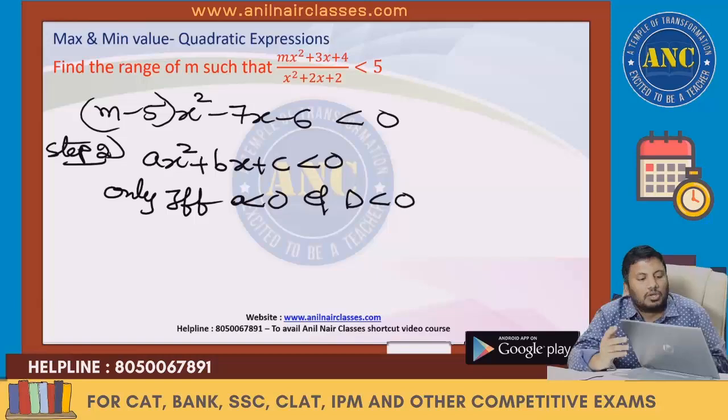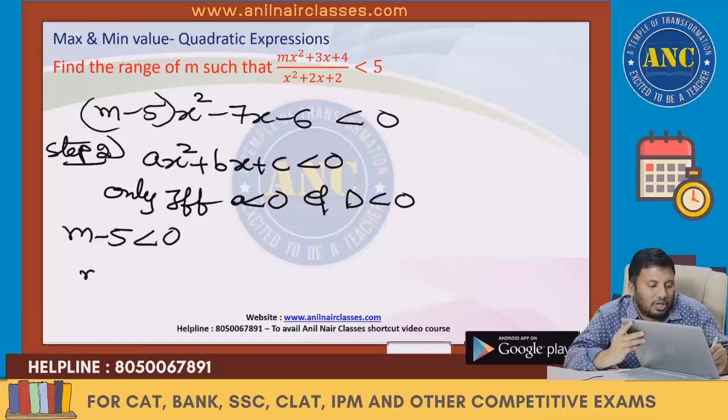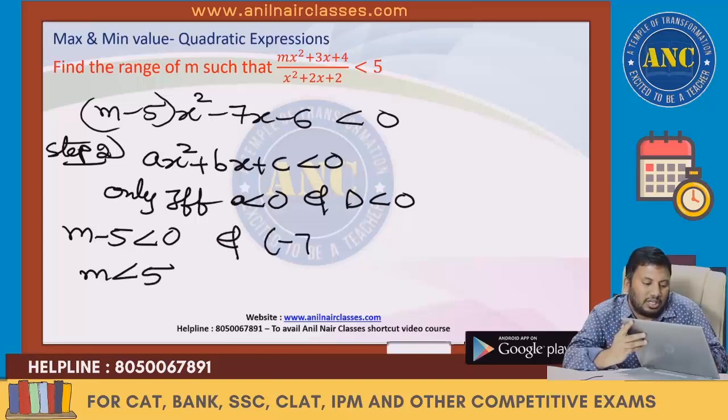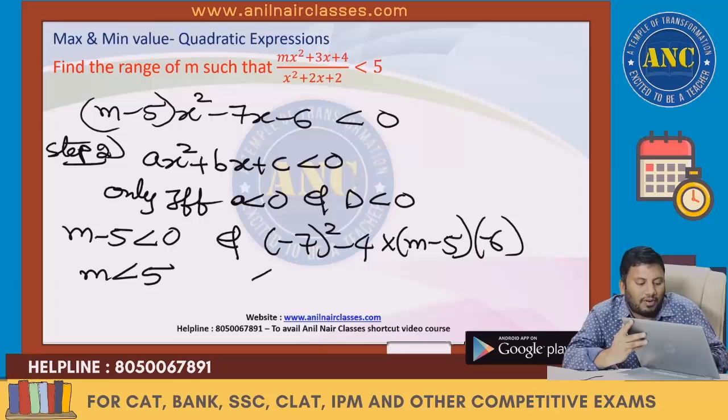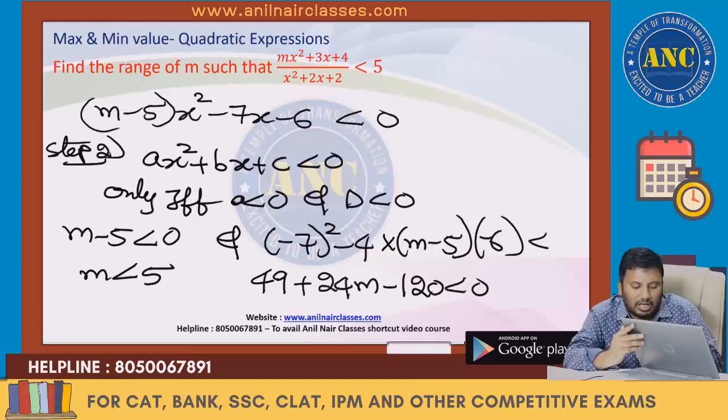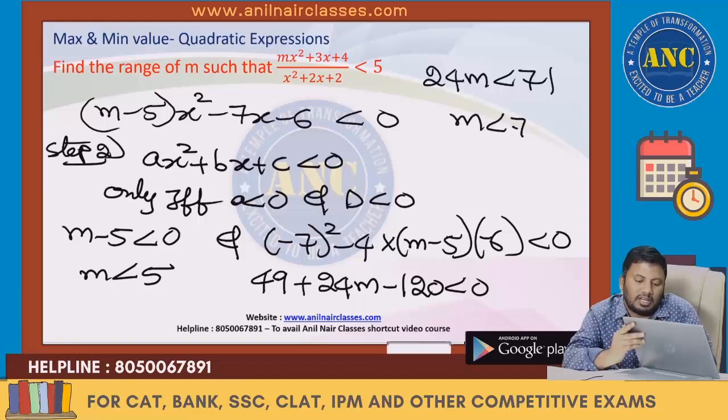So m minus 5 is less than 0, so m is less than 5, and d less than 0, b square minus 4ac: 49 minus 4 into (m minus 5) into minus 6, that is 49 minus 4 minus 6 plus 24m minus 120 less than 0. So this is nothing but 24m less than 71. M is less than 71 by 24.